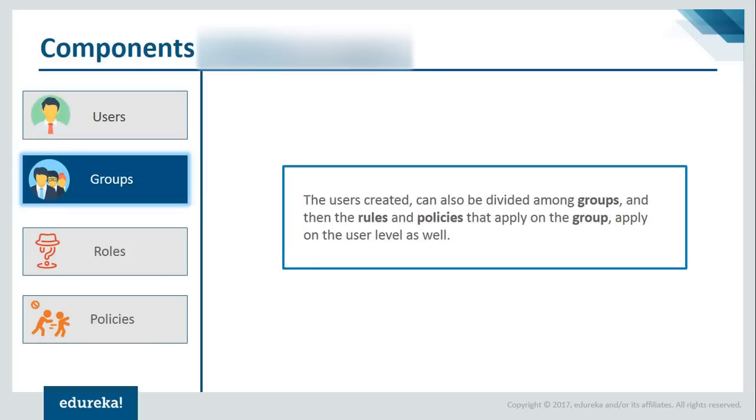All right. So whenever you create users, they can also be combined into groups. Now, why do we need groups? We need groups because, say, let's take an example. Say you have 5 users and these 5 users have to be given identical access, right? Say these 5 users belong to the development team, and the development team has some common access that they all will have, right?